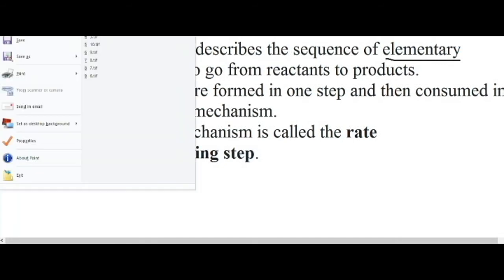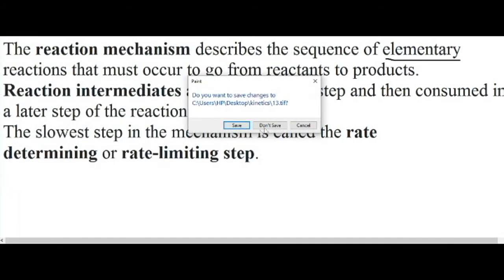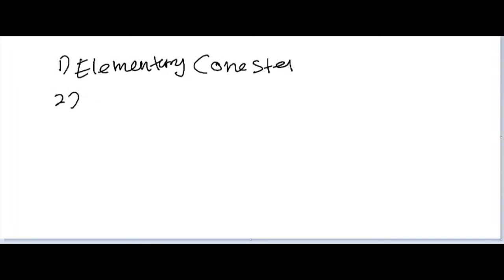When we consider chemical reactions, there are two types. The first type we call elementary, which is one step. You have to make your note.